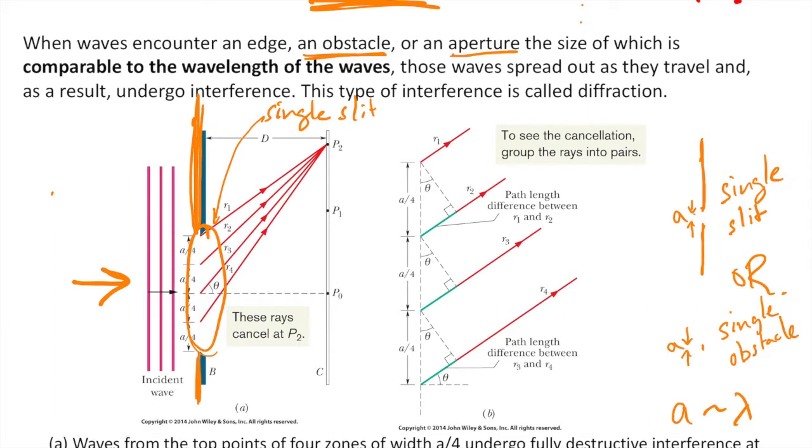Light is on the order of hundreds of nanometers, half a micron, and so that means A has to be approximately 1 micron. We're talking about things that are very small. It could be up to hundreds of microns, and you'll still get some of this behavior, as we'll see in the next problem, the first problem I'm going to cover.